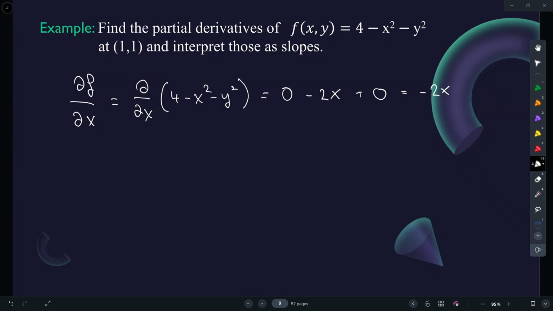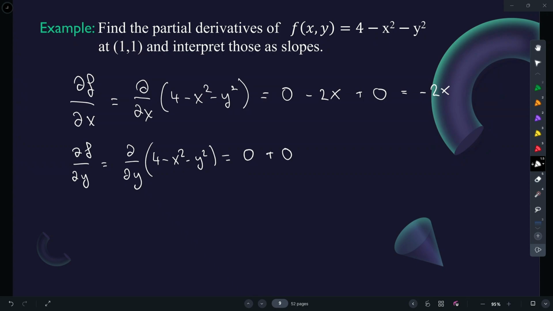When I take the partial derivative of f with respect to y, I'm going to take a derivative with respect to y of the same function. Now 4 is still 0. x squared is a number as far as y is concerned, so I get 0.